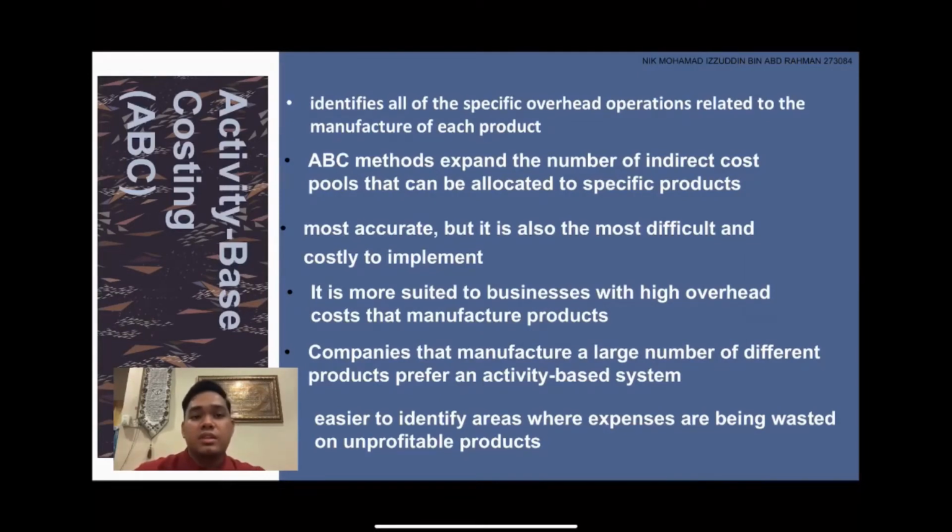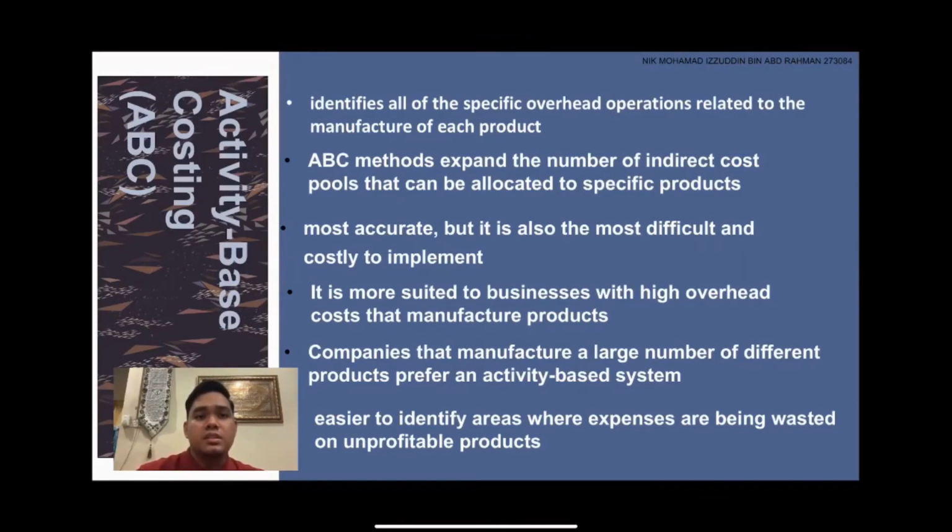Accountants created the ABC method to solve the problems of inaccuracy that result from the traditional costing approach. Managers need more accurate costing methods to determine which products were actually profitable and which were not.